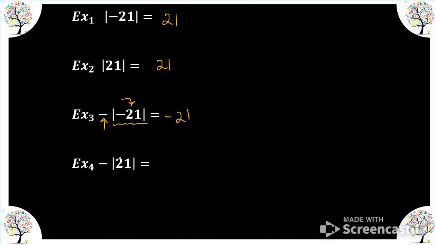-21. Here we have negative and then times the absolute value of 21. So we're going to evaluate inside the bars first, which we did up here in example 2. So we're ignoring this negative right now. The absolute value of 21 is 21. But this tells us to ask, what is the opposite of +21? It is negative.